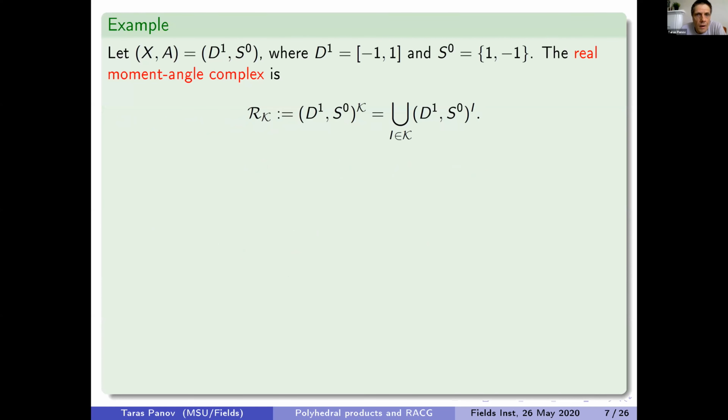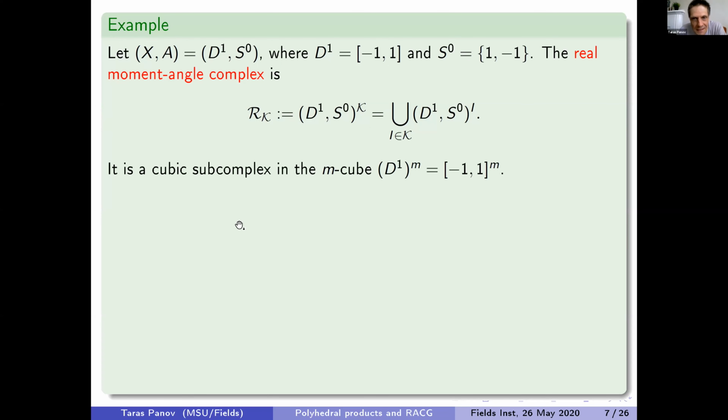Now the final set of examples are the real and complex moment angle complexes. So you have the pair (D^1, S^0), a segment and its two boundary points. Then you have what we call the real moment angle complex, because I don't know of a better name. If you suggest a better name, I would be grateful. It appears throughout papers on geometric group theory, like Mike Davis, Ruth Charney, and others, but I couldn't see a good name for it.